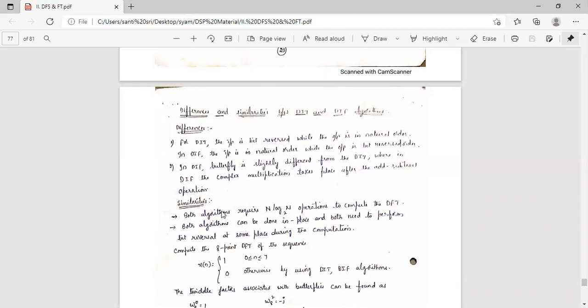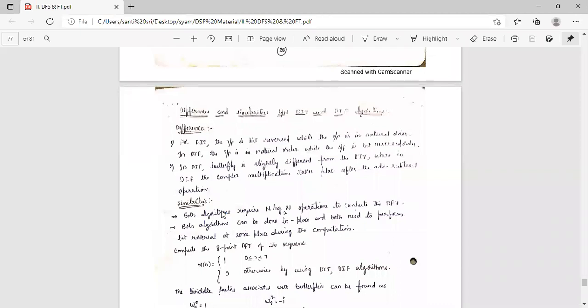For DIT, the input is bit reversed while the output is in natural order. How to get bit reversal, we already saw in the previous problems. So in DIF, the input is in natural order while the output is in bit reversed order.